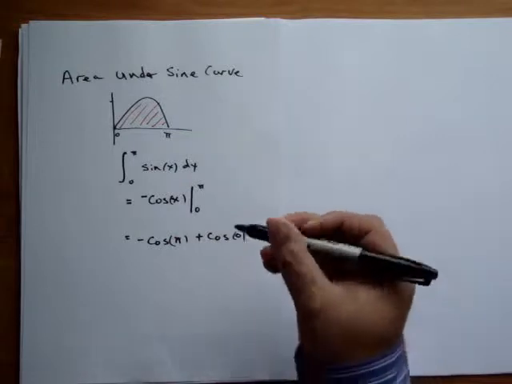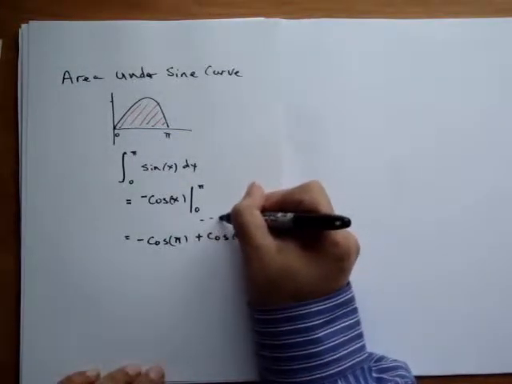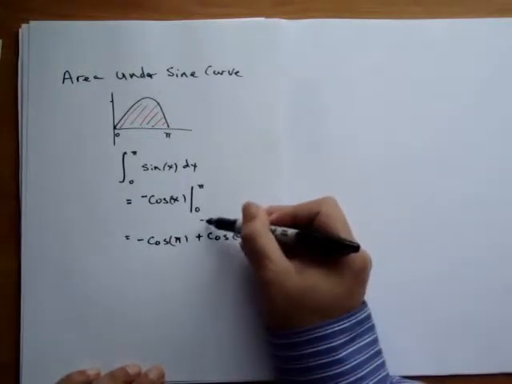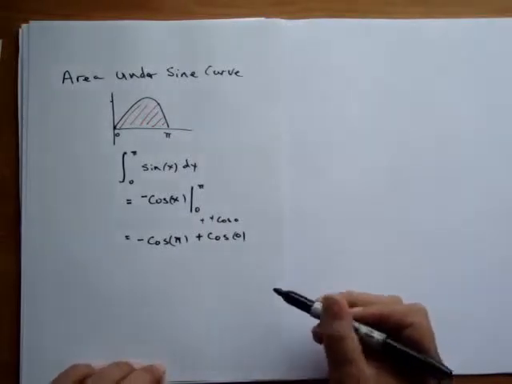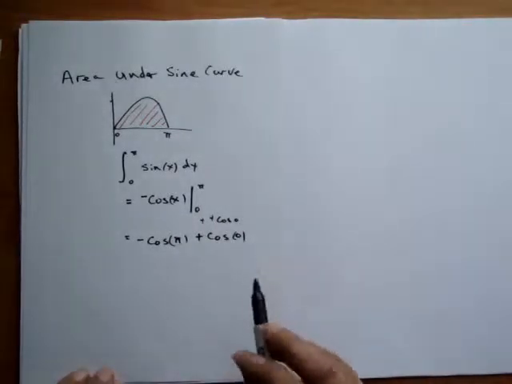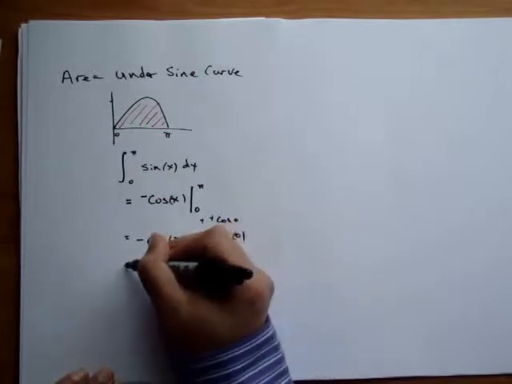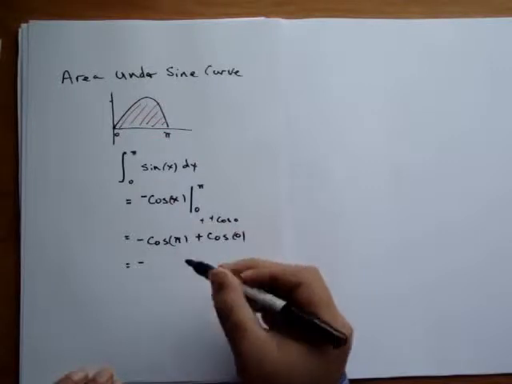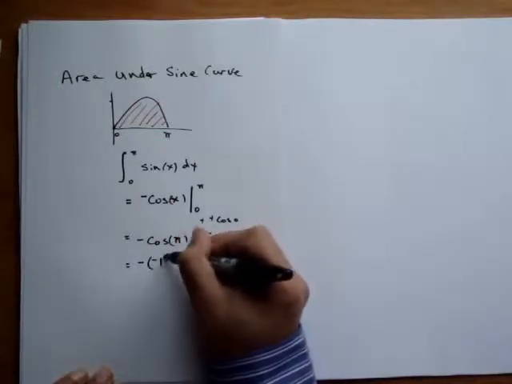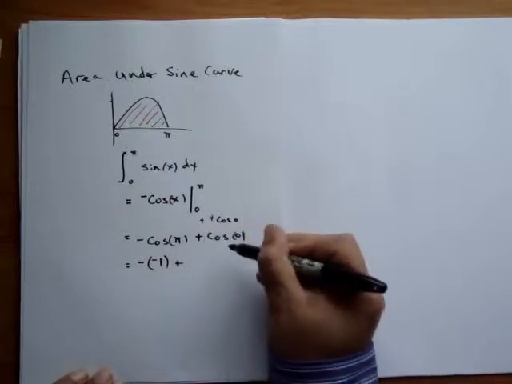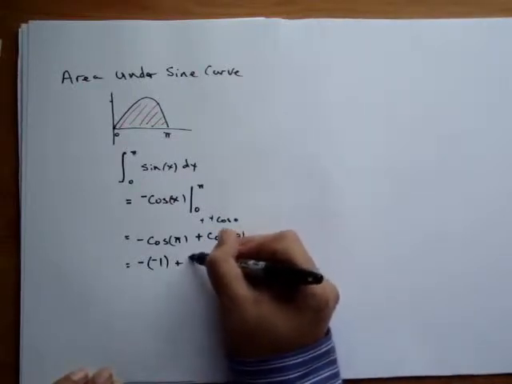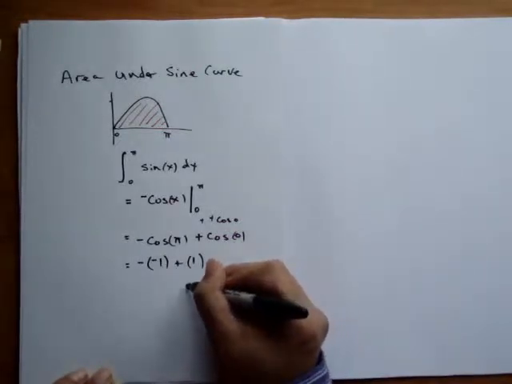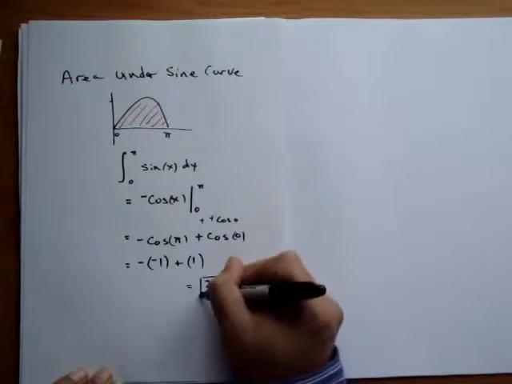It should have been minus cos of 0, but we got the minus next to the minus, that becomes a plus, so it becomes plus cos 0. So this then is minus, and the cos of pi is minus 1, and this plus, and the cos of 0 is 1. So a minus is 1, 1 plus 1, 2. So the answer is 2.